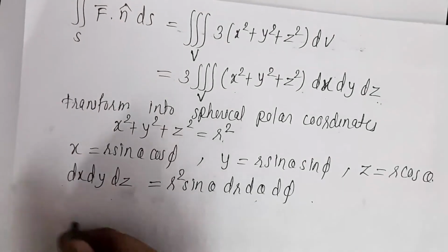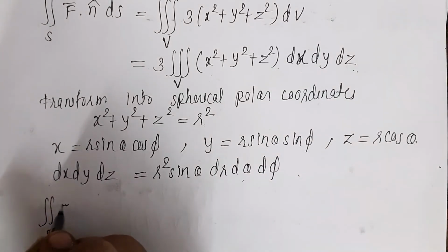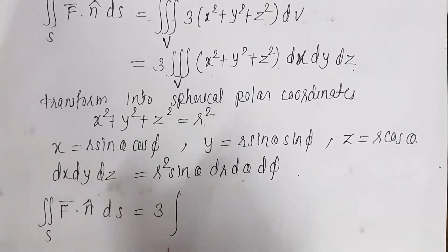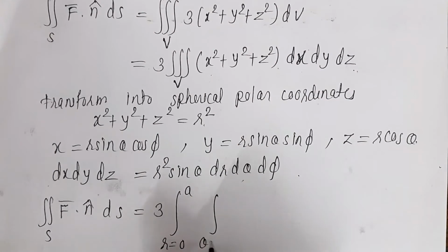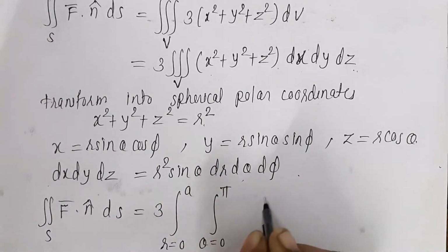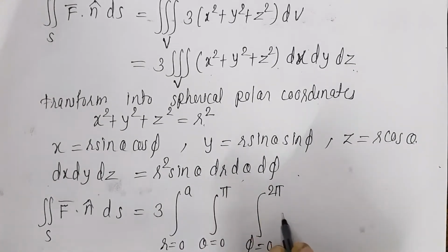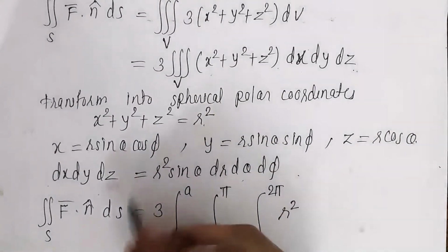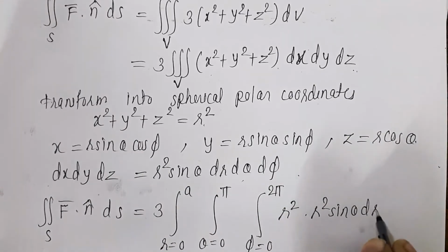So substitute in this double integral over S of f dot n cap dS, it is equal to 3 times, r limits are from r equal to 0 to a, theta limits are from theta equal to 0 to pi, and phi limits are from phi equal to 0 to 2 pi. 3 outside, x² + y² + z² is equal to r², and dx, dy, dz is r² sin theta dr d theta d phi.